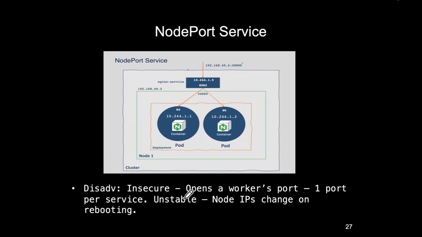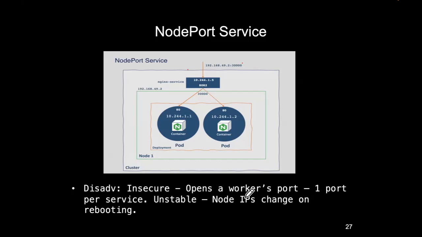And also, I'm saying here it's unstable because just like with pods, if pods go down, then Kubernetes will recreate them. Equally, if a worker node crashes, then Kubernetes will recreate that worker node or reboot it. But it's going to give it a different IP address as well.